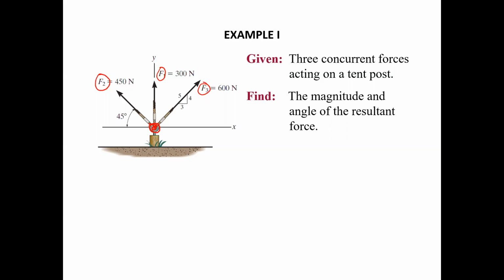What's the reason? We already talked about it, right? So why do we need to find this resultant force? Because we need to make sure that this tent post is safe, or maybe it's unsafe, maybe it's going to fail.